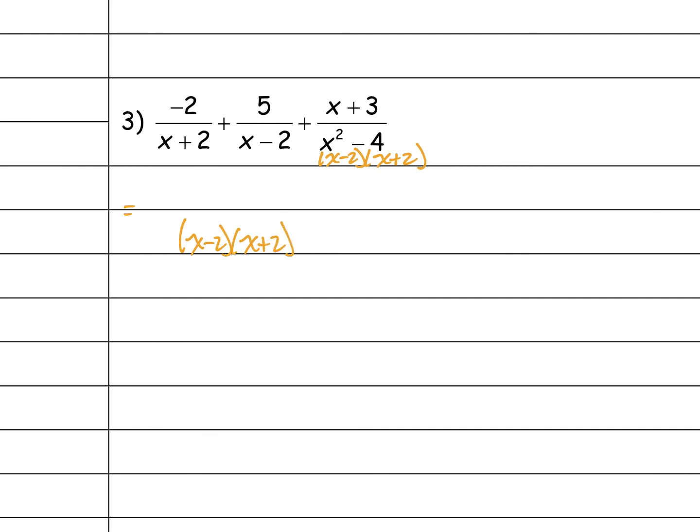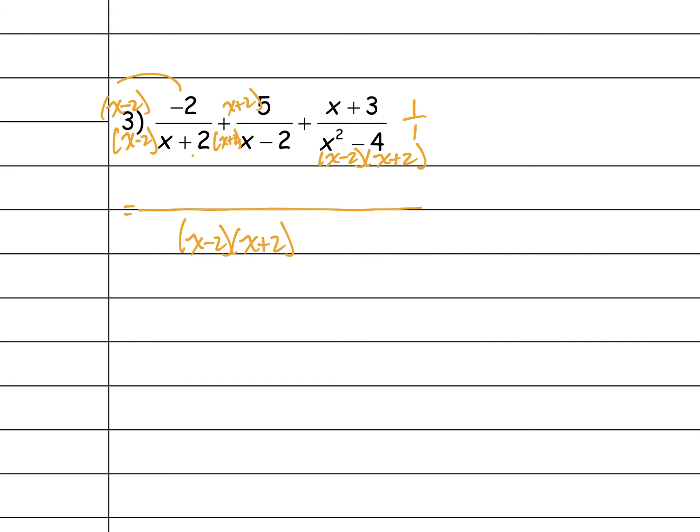And now I have 3 fractions. I still do the same thing. I want to find a common denominator for all 3 of them. So I've got the x plus 2, the x minus 2, and then it has both of them. So this one needs the x minus 2, and this one needs the x plus 2, and this one needs nothing, so I'm just going to multiply by 1.